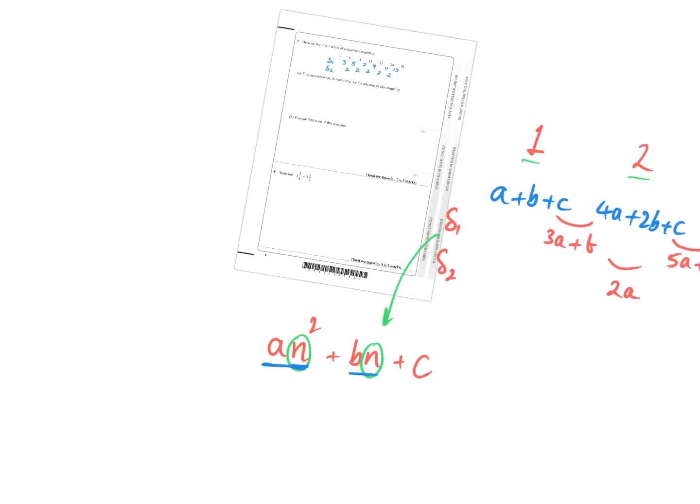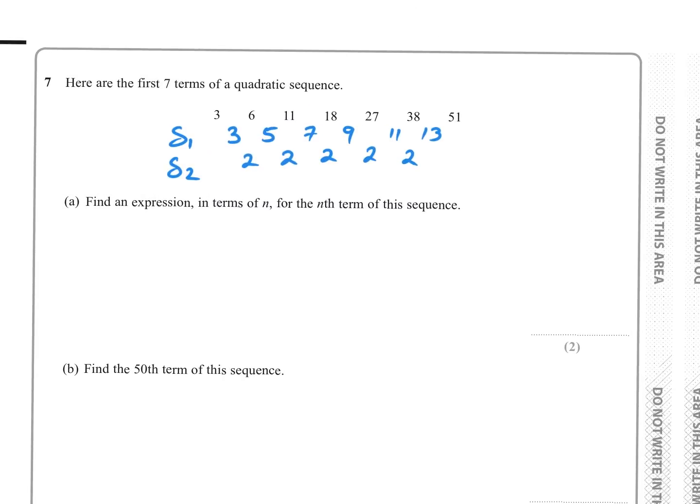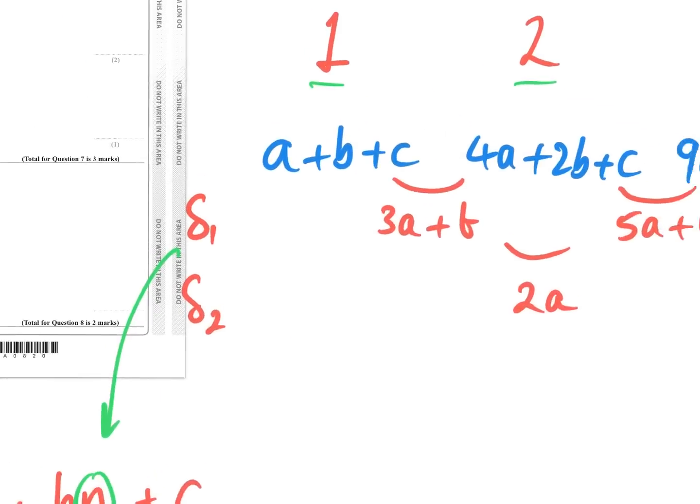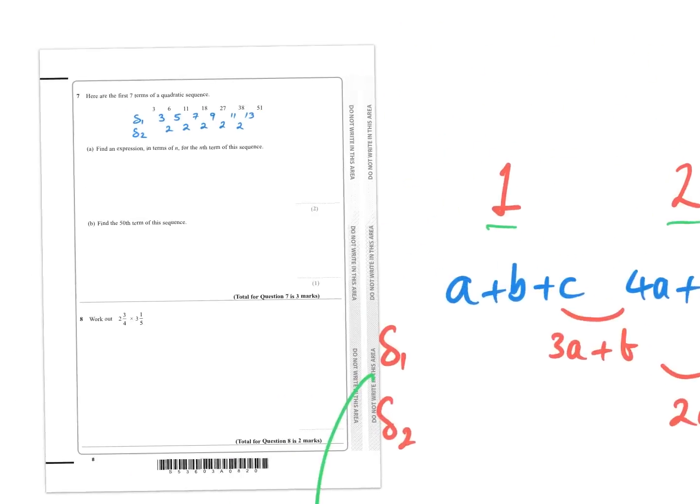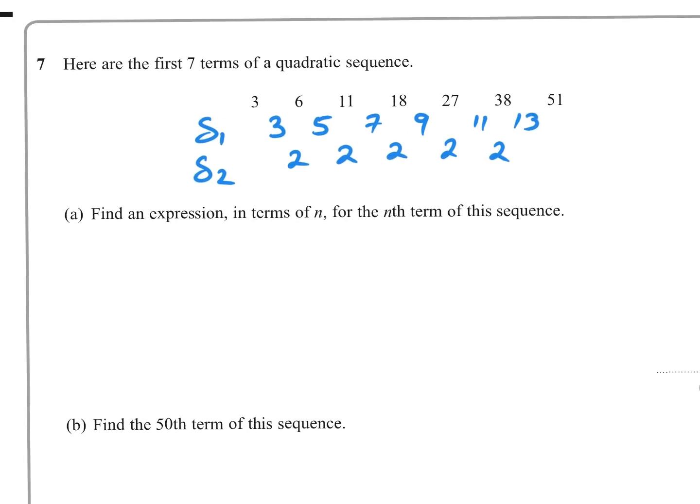Well, look back at what we had. We had a second difference of 2, but we always know that that's equal to 2a. Therefore, in this case, I hope the penny's dropped, that this 2 would have to be put equal to 2a, which would mean that a would be 1. So we'd definitely have something to do with one lot of n squared, or just plainly n squared.